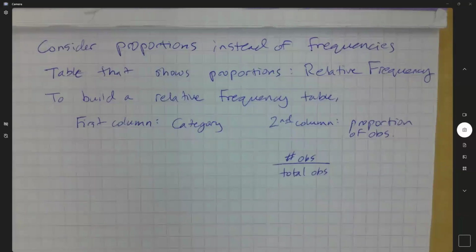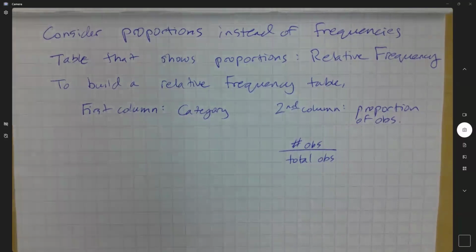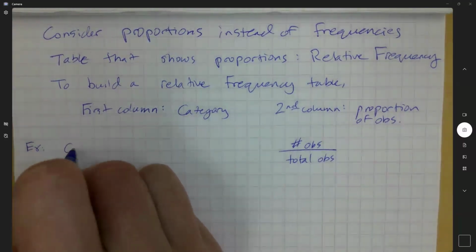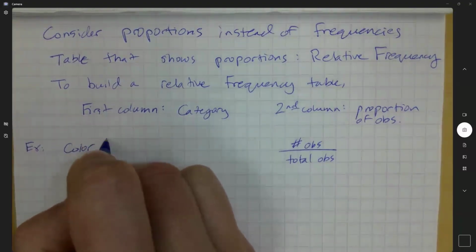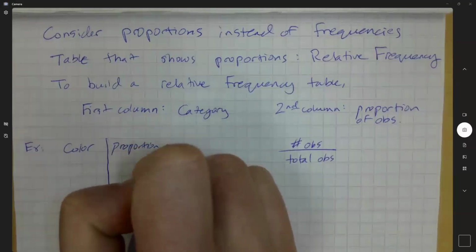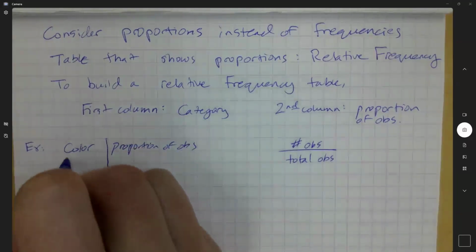If you've taken Math 105 before this class, I'm pretty sure that you've done this sort of piece, right? It basically says, instead of saying there are 5 black shirts, we say 5 out of the 14 are black shirts. So let's do it with our example. We have the color and then the proportion of observations.